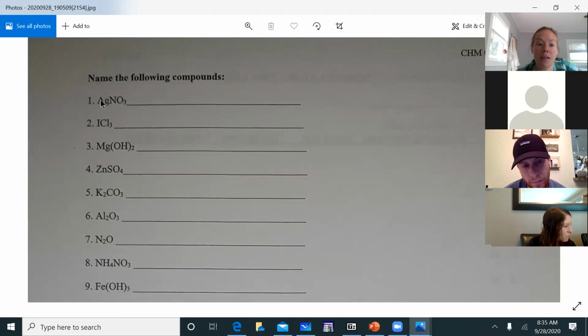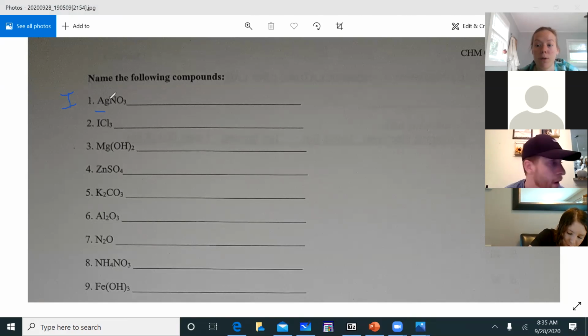But everybody needs to be looking at these and determining, okay, is this an ionic compound? Is it a molecular compound, or is it an acid? When I'm looking at this, I see that that first thing is a metal, so I know that this is ionic. Is this metal predictable charge? It actually is. Remember that silver gets a +1 charge always, so I don't need a Roman numeral.